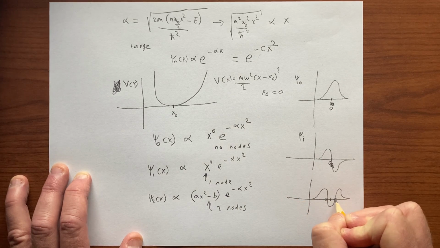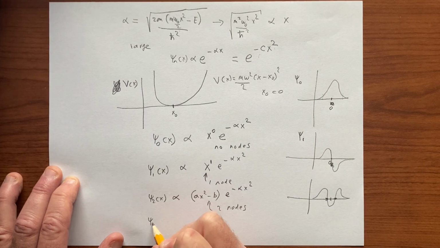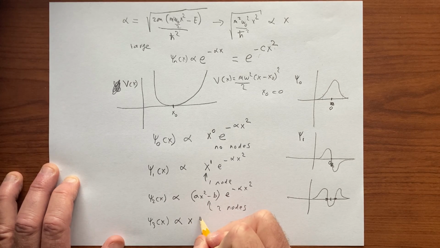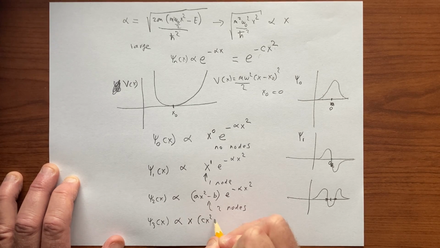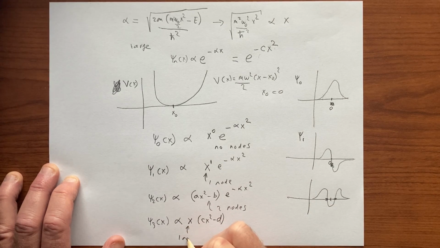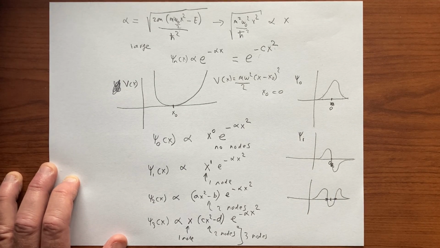I can start to see the pattern here. If I do psi 3 of x, that would be proportional to, I'm going to multiply by x, and I'll have a c x squared minus d kind of quantity. This gives me one node, this gives me two nodes, and so I end up with a total of three nodes. I have the e to the minus alpha x squared term. And so I continue to increase the nodes.